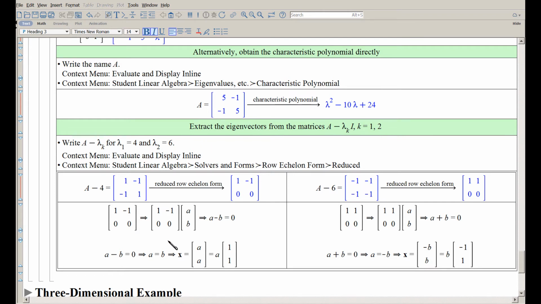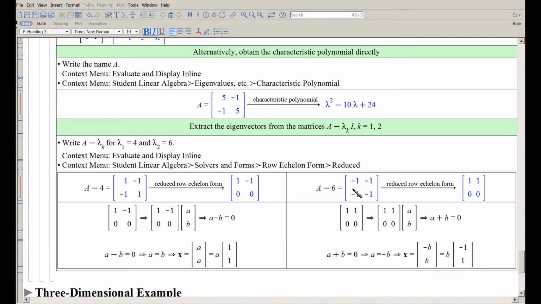And what the student often forgets is that that matrix, even the row reduced form, is multiplying a vector whose components are a and b. And so this first row represents the equation a minus b equals 0, which means a equals b, which means the two components of the vector are equal. Use the letter a, factor it out, and you get the generating vector 1, 1. And so you could call 1, 1 the eigenvector or any multiple of 1, 1.